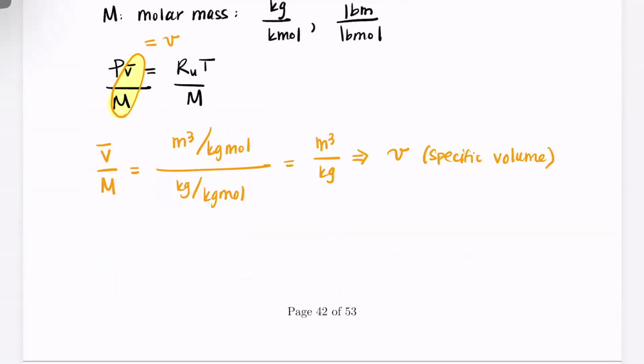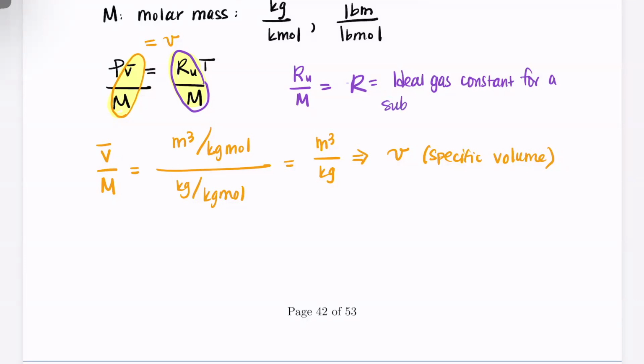We also have an interesting note for this term. So R_U divided by M is often given the symbol R. So this is the ideal gas constant for the substance. Importantly, this is for the substance, so it's now not universal.